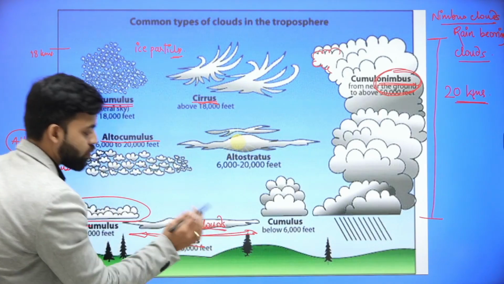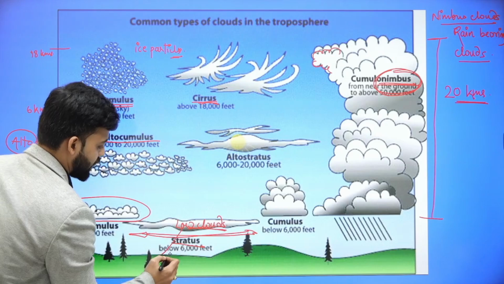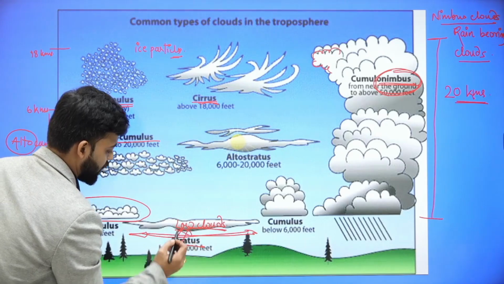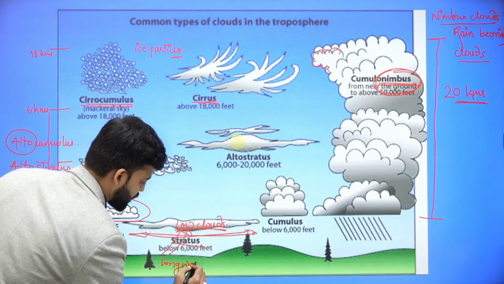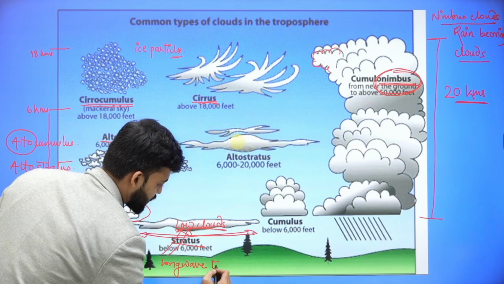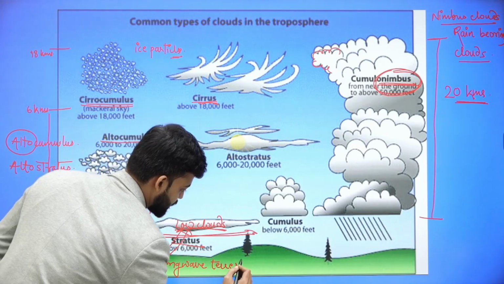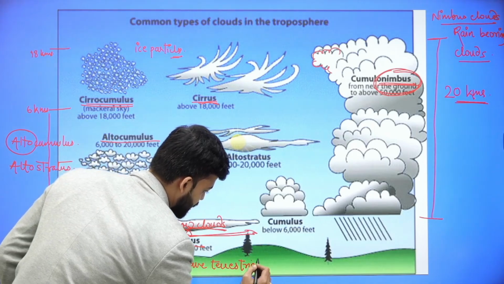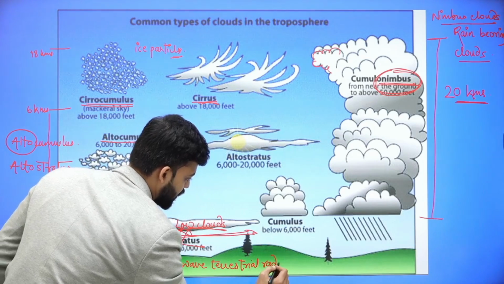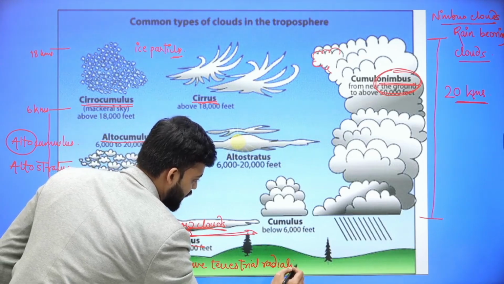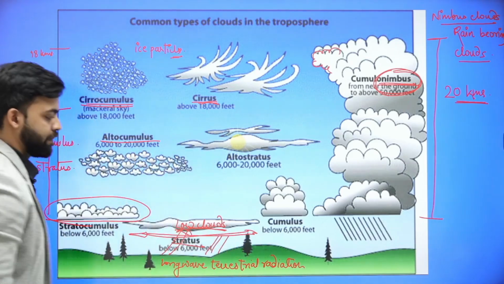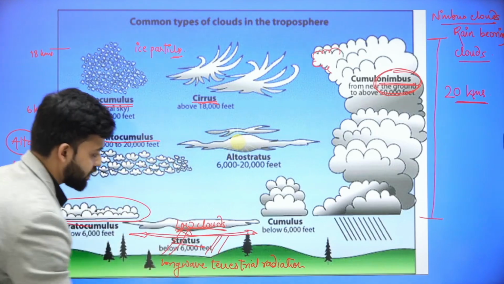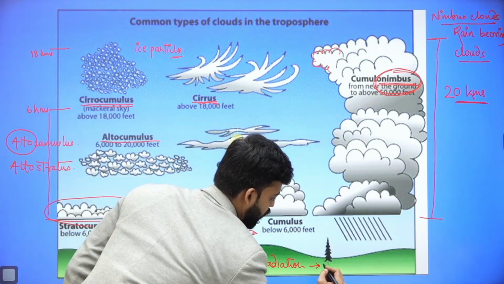And because of these low clouds, the Earth's long wave terrestrial radiation is trapped in the lower troposphere, and because of this there is a warming effect.